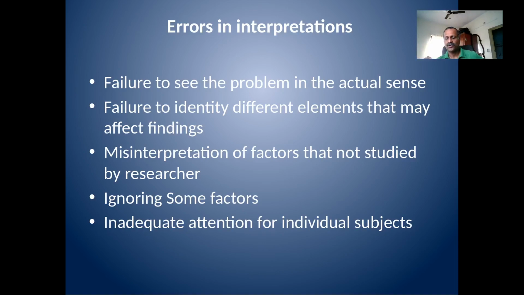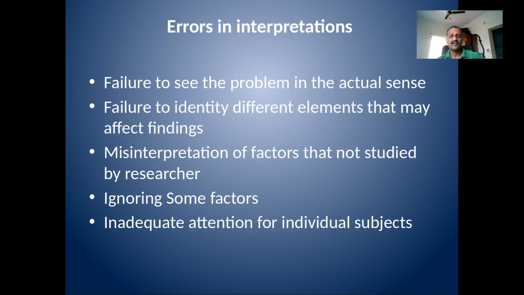And you have to not only look into the data that is collected or the end result, but also the things that are affected that you can identify from the subjects at the time of data collection, your experience with the other researchers, other literature. All these things are important while interpreting your findings.